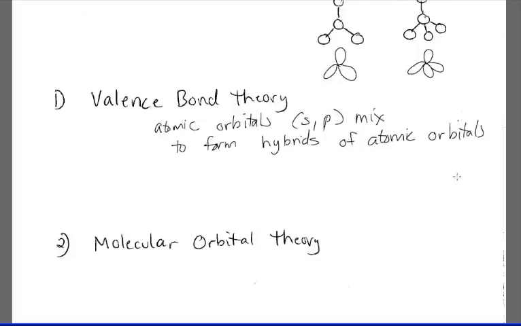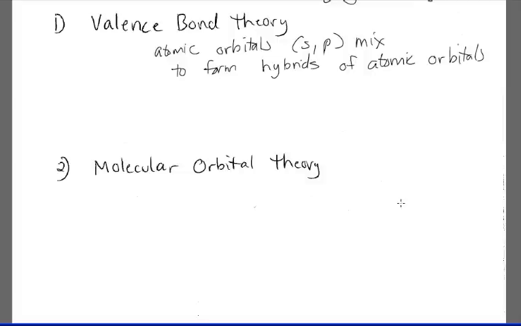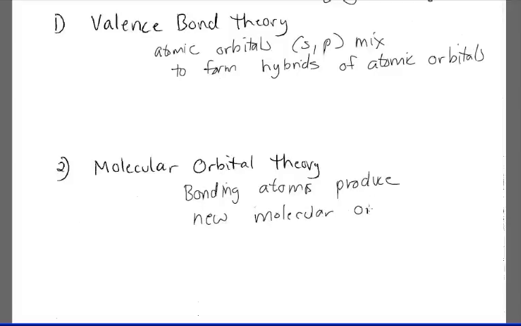Okay, we're going to talk about that theory in this video, and then in another video we'll talk about molecular orbital theory, which is where the bonding atoms produce entirely new orbitals. And those are molecular orbitals. So instead of combining atomic orbitals to make what you want, you make entirely new orbitals over the entire molecule.